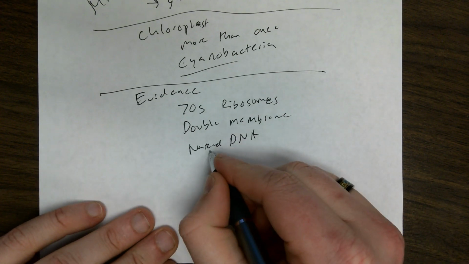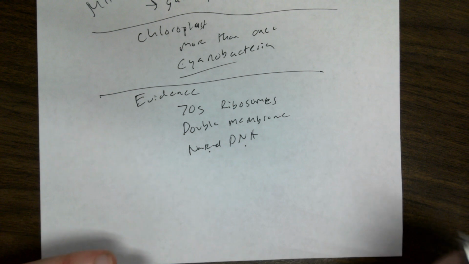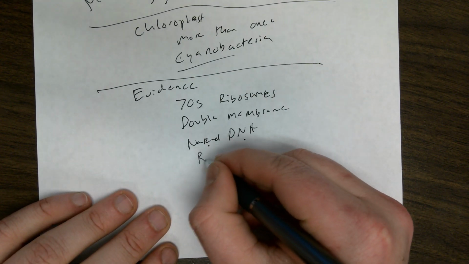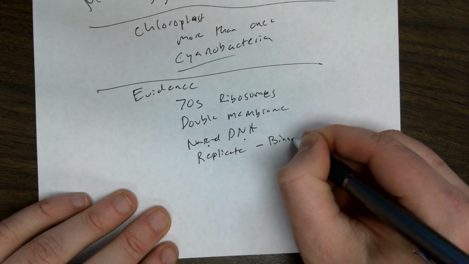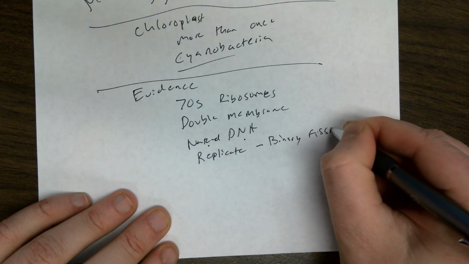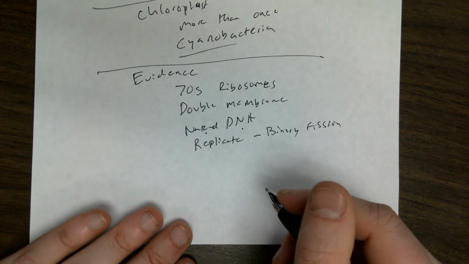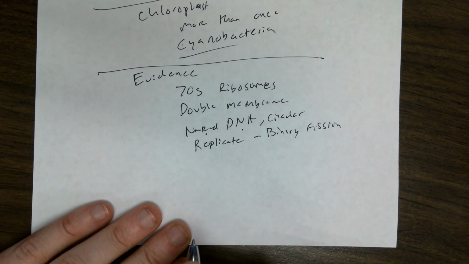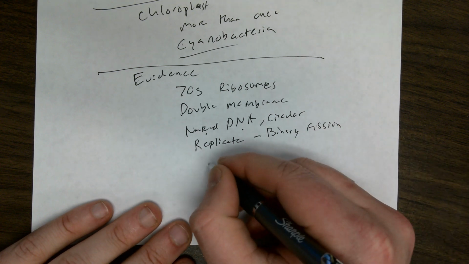The fact that it's naked means it's prokaryotic, and the fact that they have it is weird because your other organelles don't have DNA at all. They can replicate on their own through binary fission, just like bacteria do, so you can make more of your mitochondria all on their own. And they're a similar size to prokaryotes.